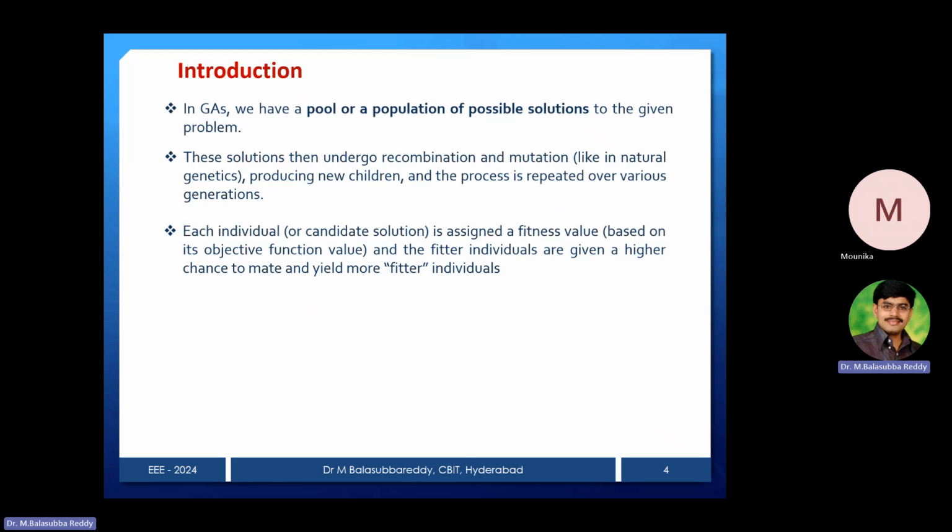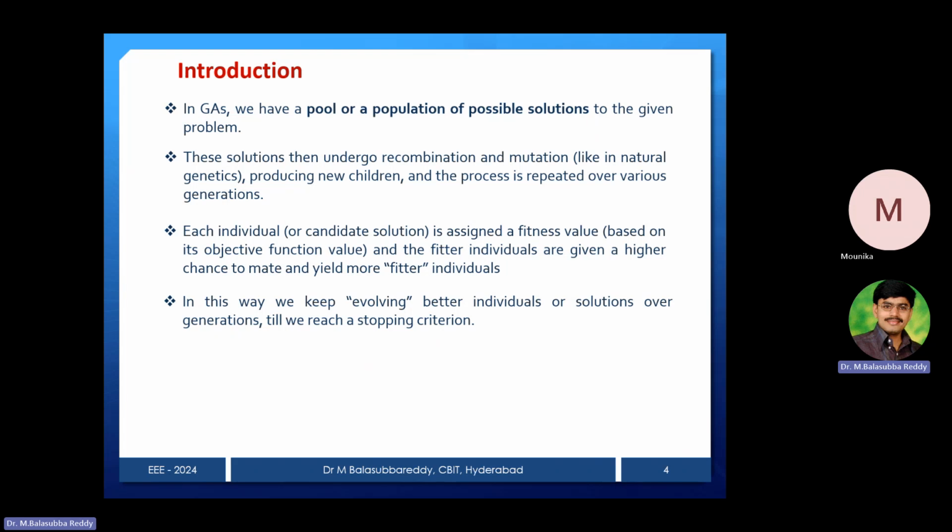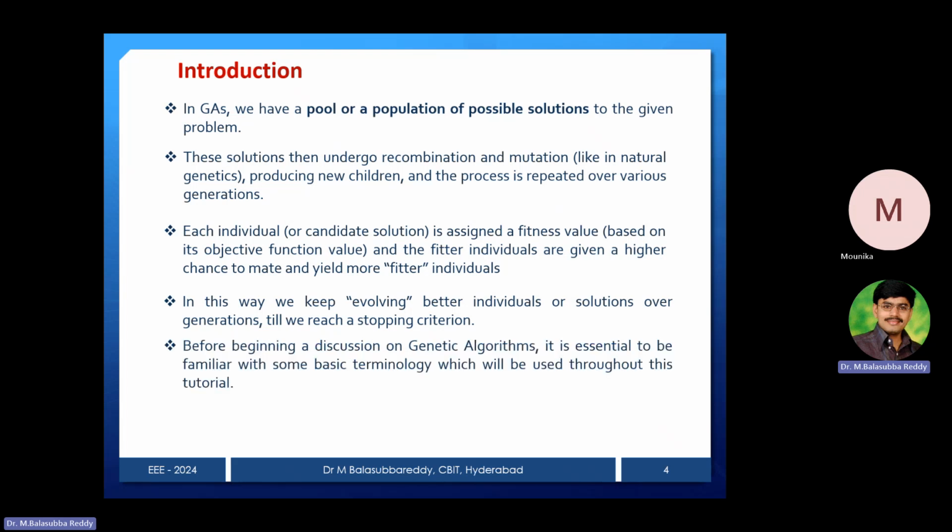Our individual solution will be generated. We keep on doing this up to the stopping criteria, whether it is a number of iterations, or a solution range or optimal value. Once we set that stopping criteria and that point is reached, we have to stop the process.